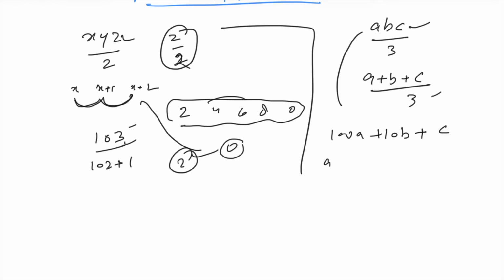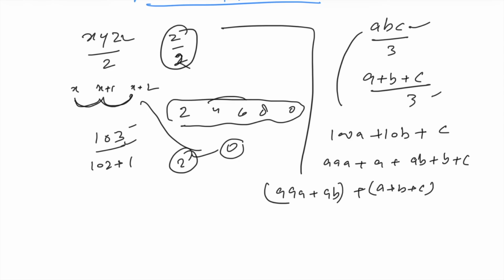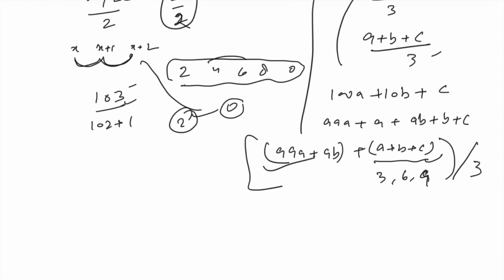And we can write it as 99a plus 1a plus 9b plus b plus c. And if you separate it out, the a plus b plus c remains, and 99 is divisible by 3. So if this component can be divided by 3, then the whole number can be divided by 3.